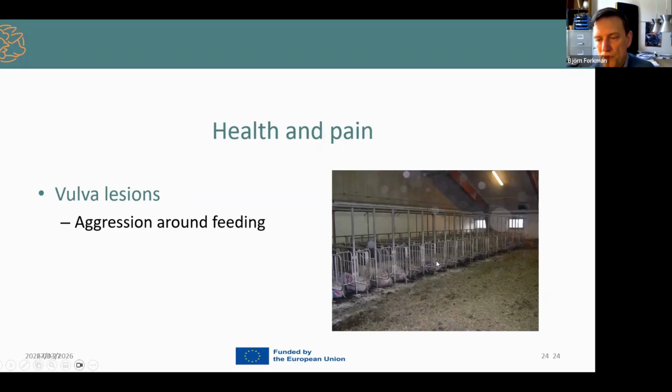So they're kept open during most of the day. But just when you start feeding the sows, you lock them behind the sows. And the sows can't come out until all feed has been eaten. And this is a very good way of preventing vulvar lesions and aggression around feeding in the gestation unit.